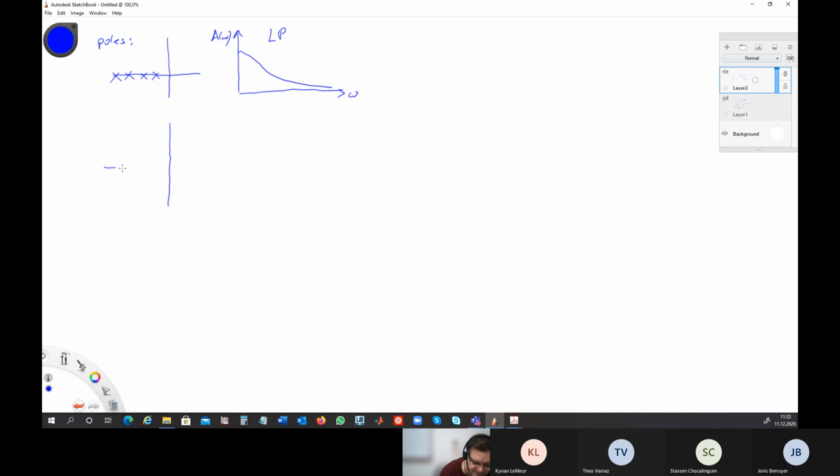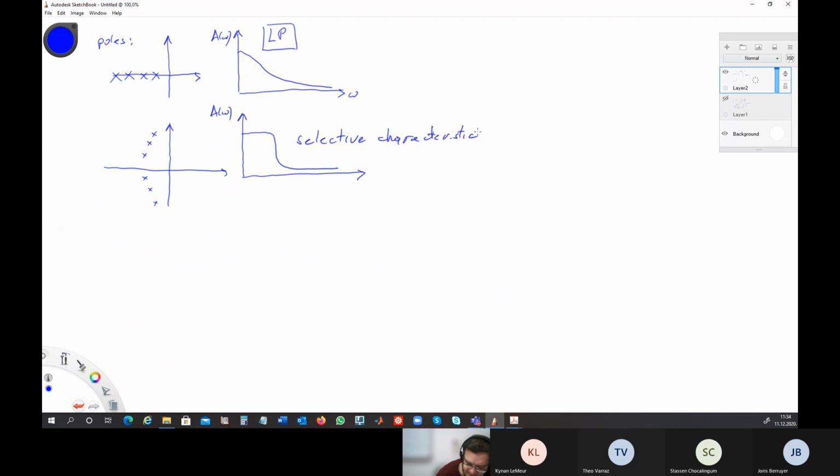If we have a combination of complex conjugate poles like this, then in the case of a low pass filter, we will have much better characteristics, which is called selective. This one is the selective characteristic. So which one do we want? We want this one. This is not very useful.